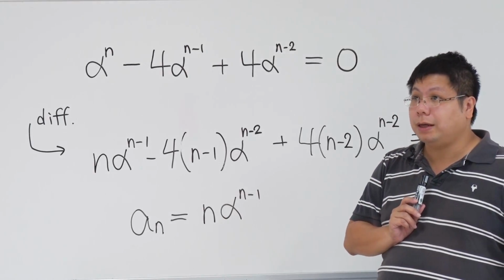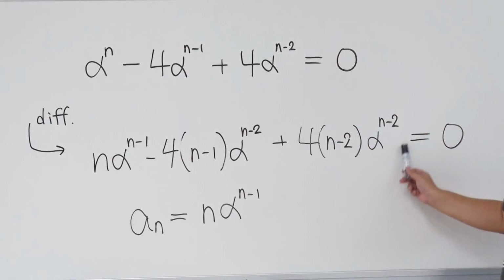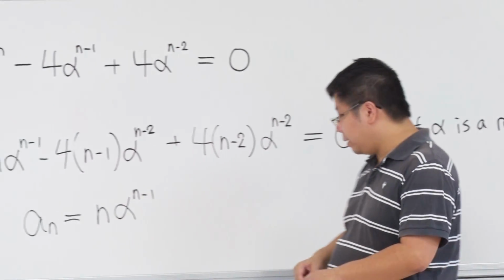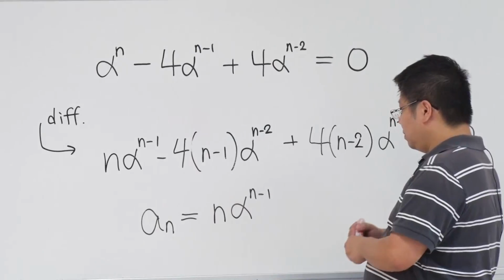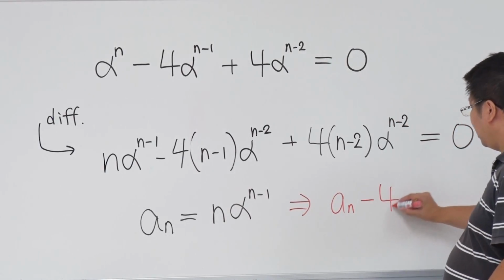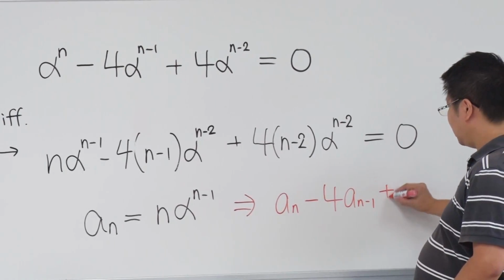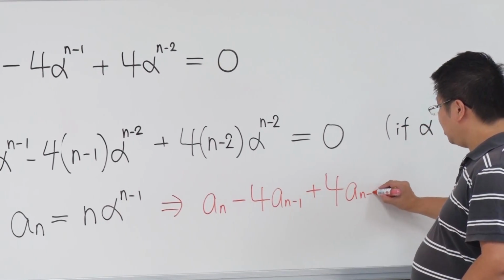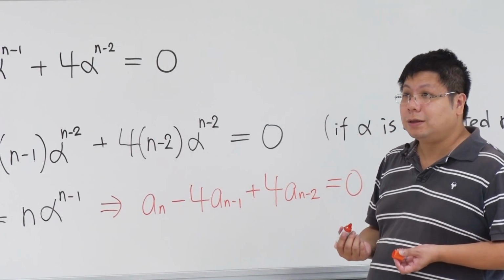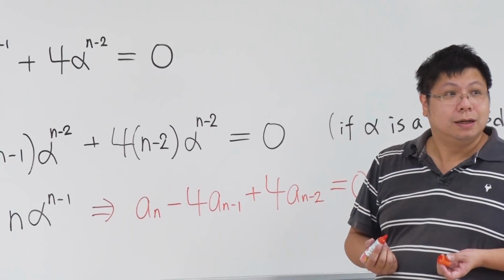This is an minus 1, right? And what is this? This is an minus 2. So if I set an to be something like this, then it implies what? It implies an minus 4 an minus 1 plus 4 an minus 2 is equal to 0. This is what we want. Okay? Is that okay?